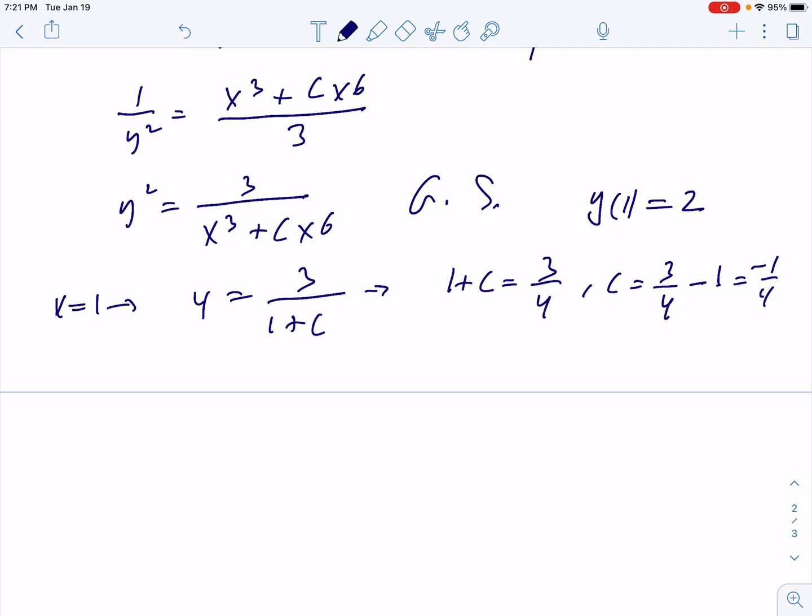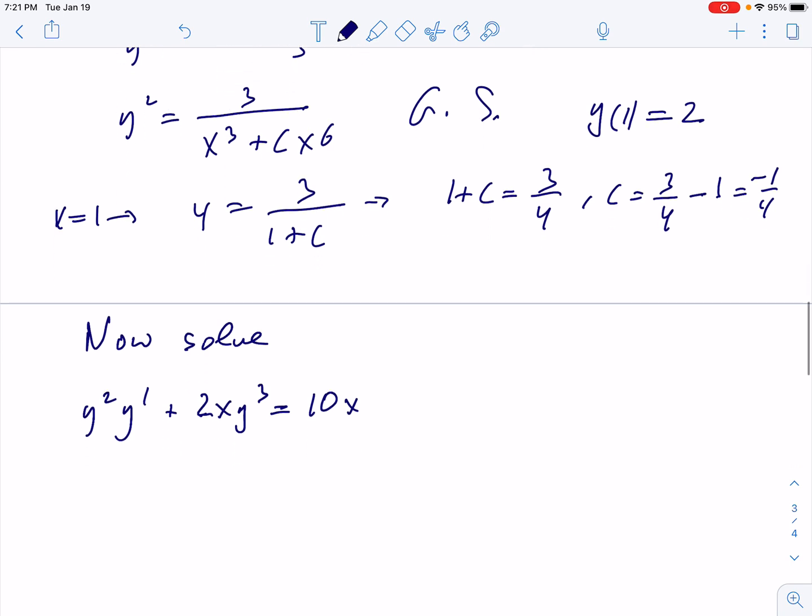Another example. Another Bernoulli equation. Solve this equation: y squared y prime plus 2x y cubed equals 10x.